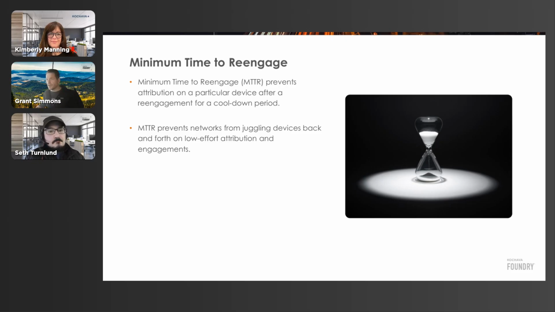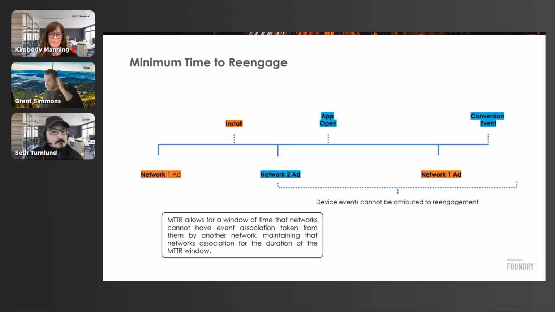If we think about what this looks like, in this case, we see a device was served an ad after installing, triggering a re-engage conversion of that app open. And that's awarded to a second network. But for how long should those events be awarded to that second network before it's again released to be a retargeting opportunity?